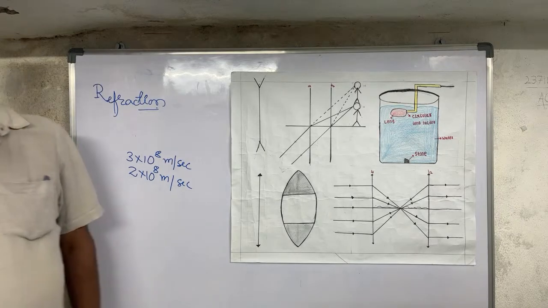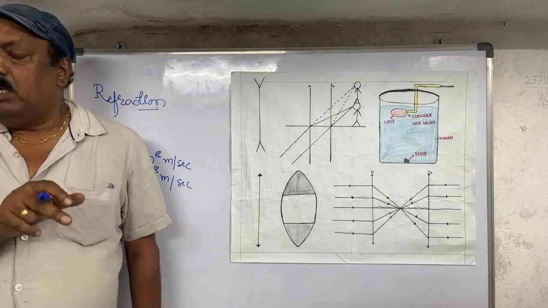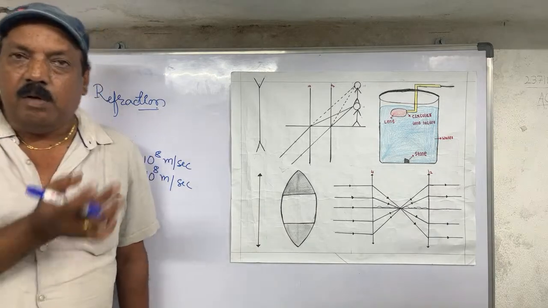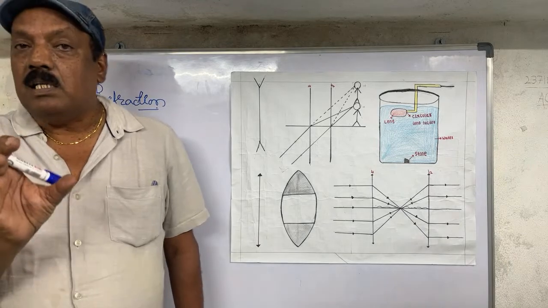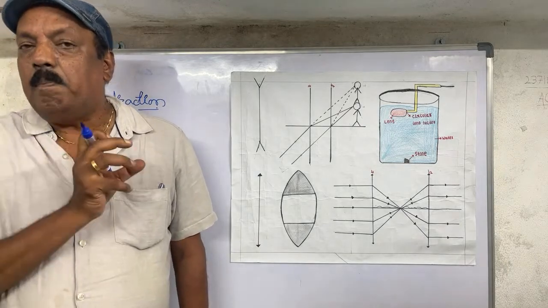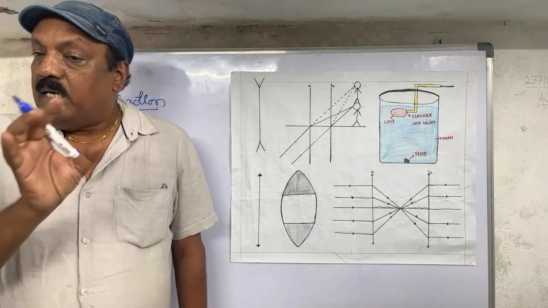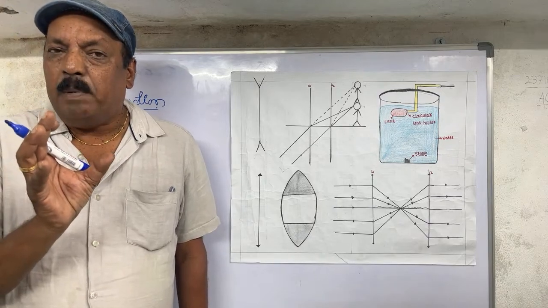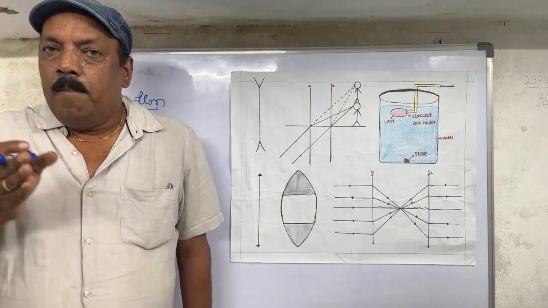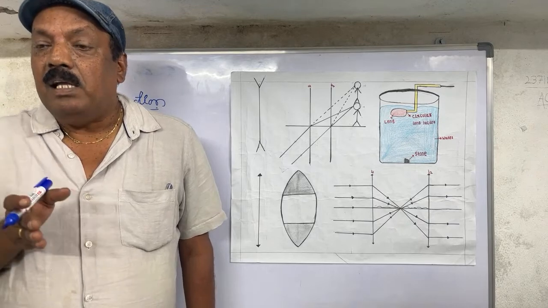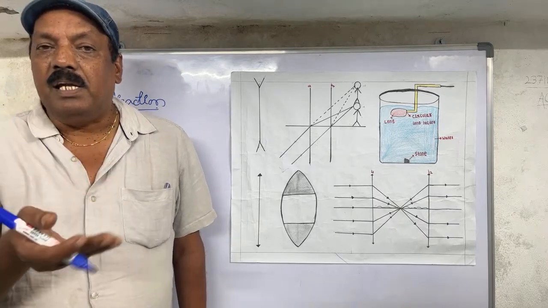Why does the speed go down in glass and water? What is the reason? Because the particles are densely packed, very closely packed. The particles in the glass and the particles in the water are closely packed. Because of this closeness, the light cannot travel at the speed it travels in air.